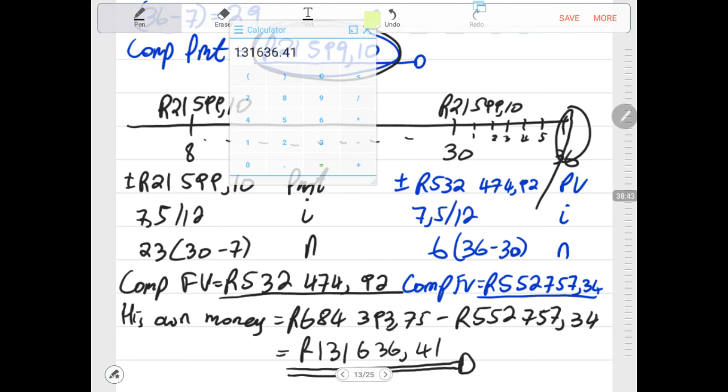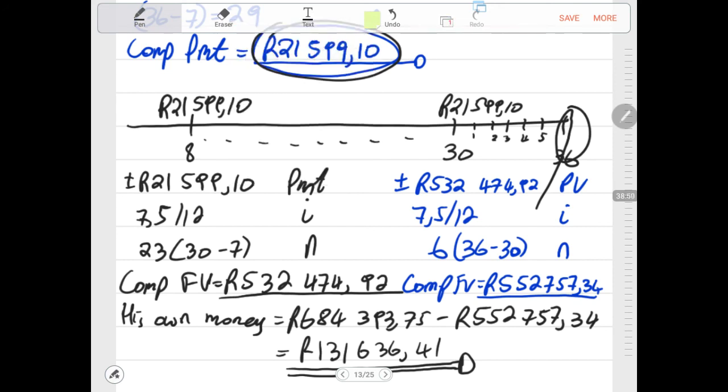So now this is what he will need to add in order for him to buy the boat within this period of 3 years that he gave himself as a target.